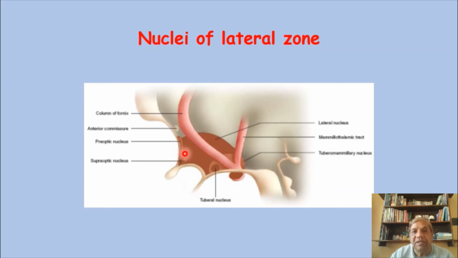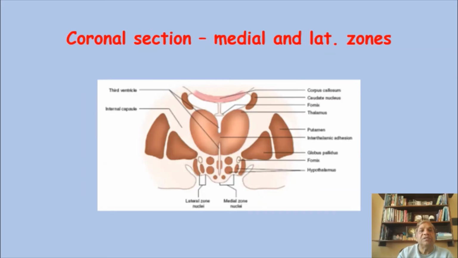Now we will see another kind of subdivision, which is the anteroposterior subdivision. But before I go to the anteroposterior, you can see these nuclei in a coronal section also.